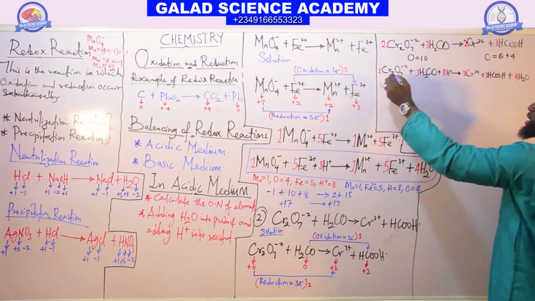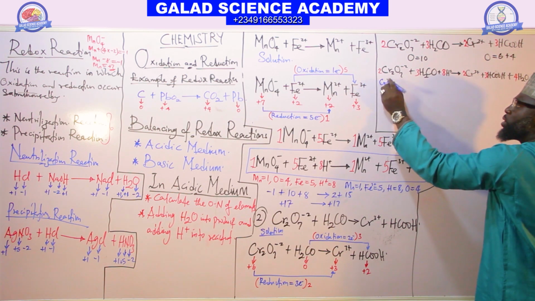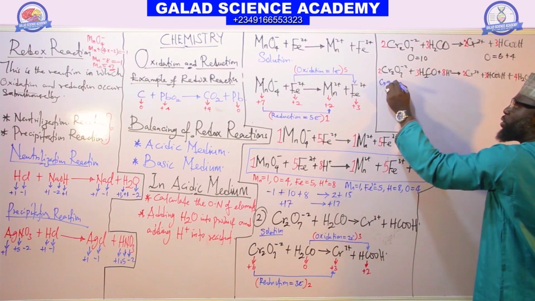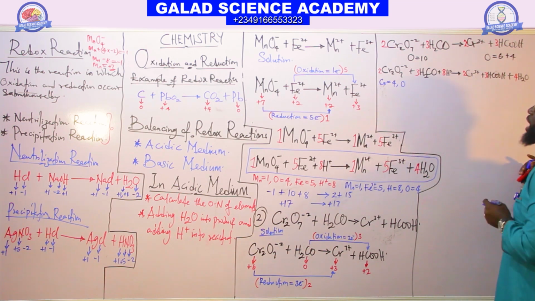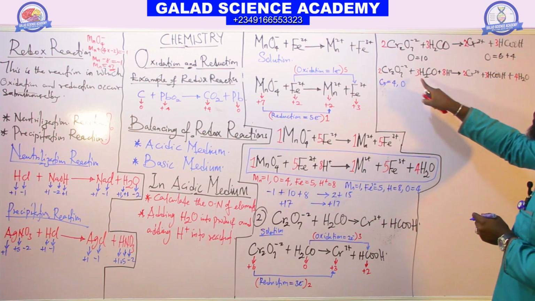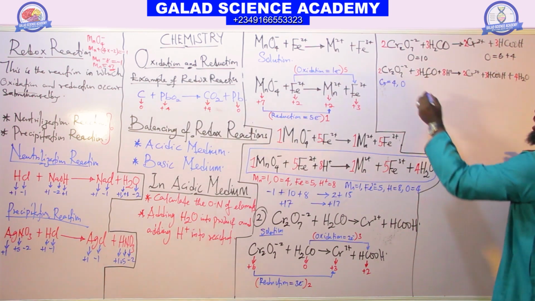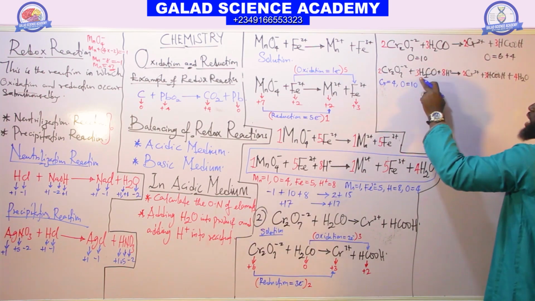Let's just check it now. What is the number of chromium we have here? Chromium 2 times 2, we have 4. What is the number of oxygen we have? Oxygen here is 7 plus 3 here, making 10. What is the number of hydrogen?